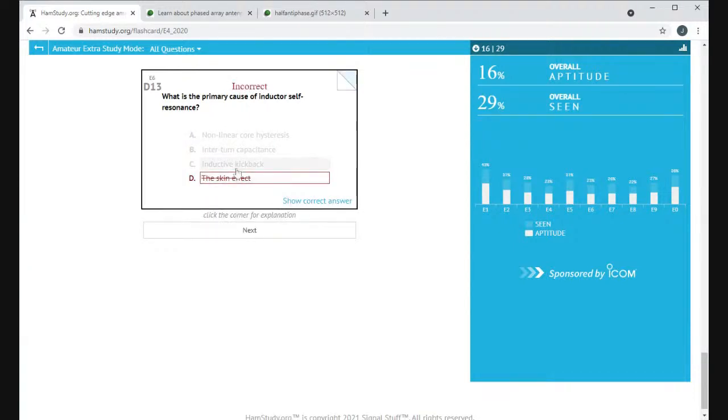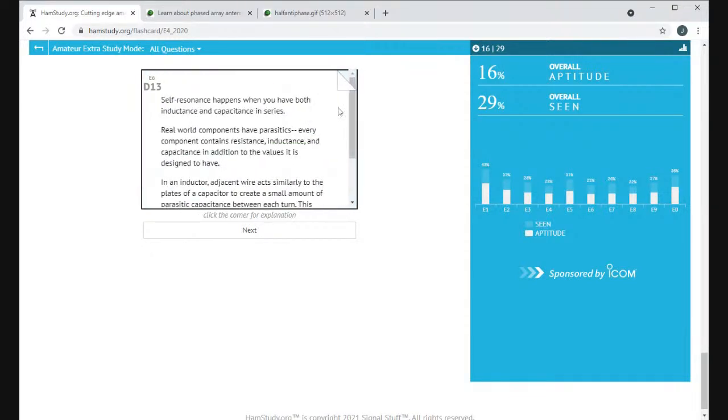I do not know, so I'm just going to guess until I get the right answer. And the right answer turns out to be B, interturn capacitance. Self-resonance happens when you have both inductance and capacitance in series.